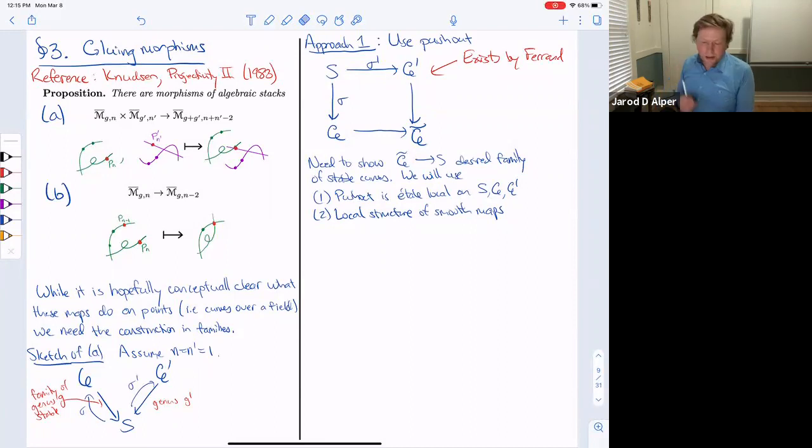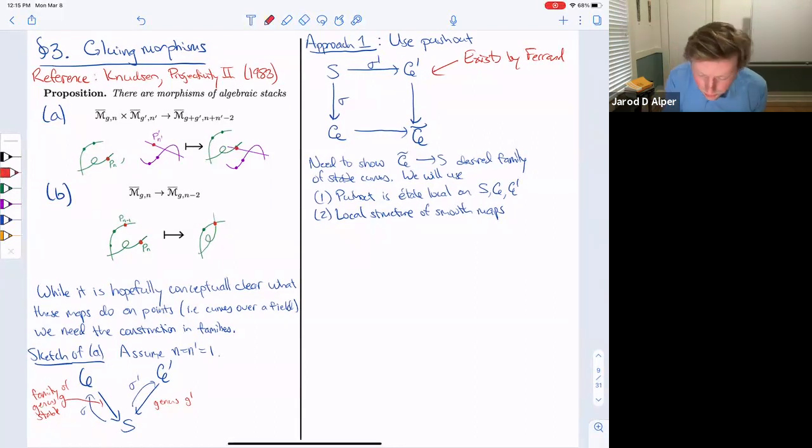Push outs can be very tricky in algebraic geometry, and often people are very hesitant to use them. But on the other hand, in restrictive settings, where at least in this case these are both closed immersions, the existence of push outs as well as the properties of the push outs are not so bad. So we're going to use the existence of push outs here, and that they're well-behaved.